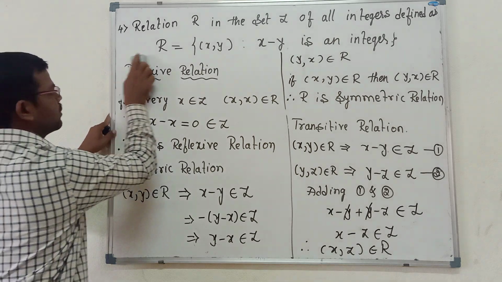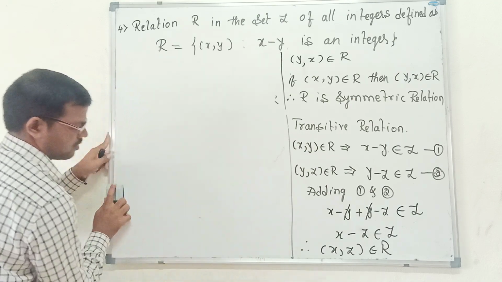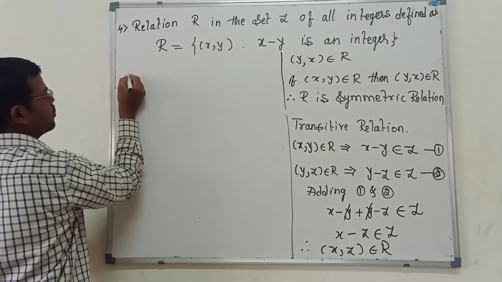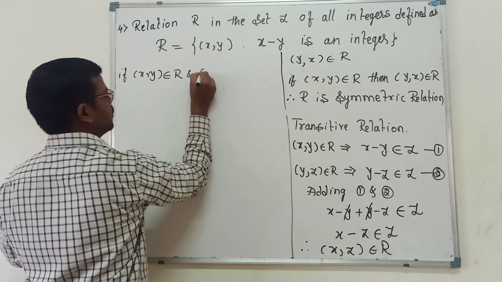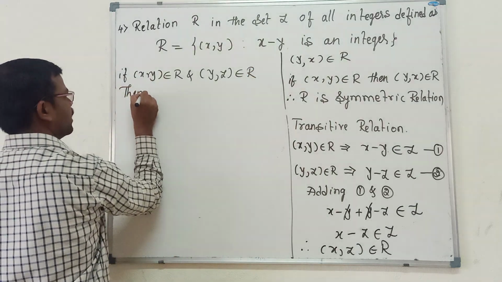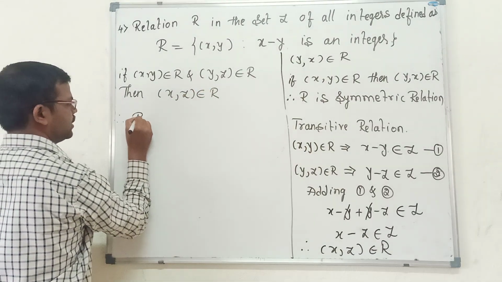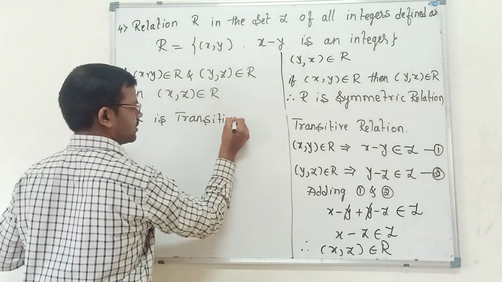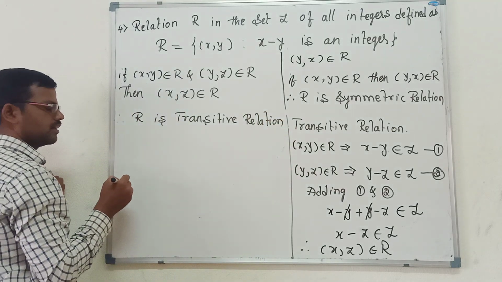So we will write: if (x, y) belongs to R and (y, z) belongs to R, then (x, z) belongs to R. Therefore, R is a transitive relation.